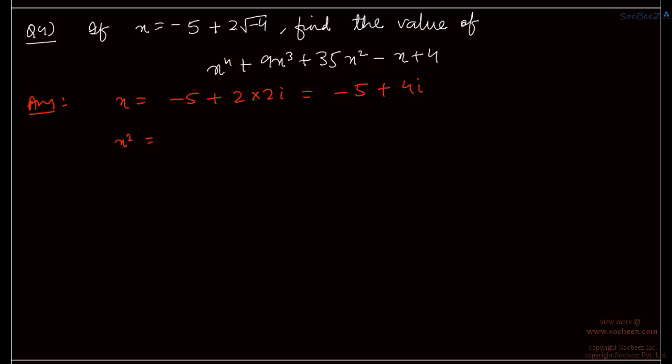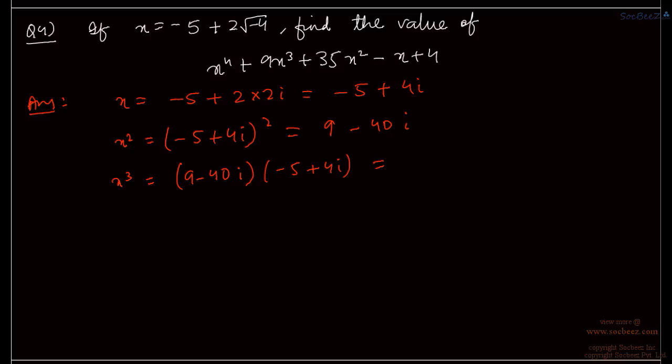Now let us find out what is x square. x square is just the square of this, minus 5 plus 4i whole squared, which is equal to 25 minus 16 is 9 minus 40i. x cube is 9 minus 40i into minus 5 plus 4i, right? x squared into x.